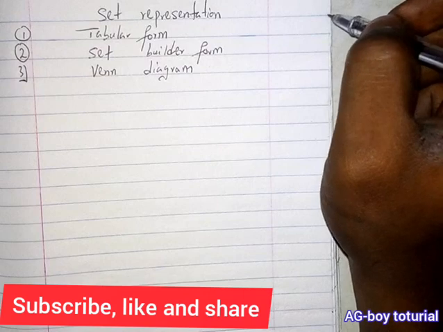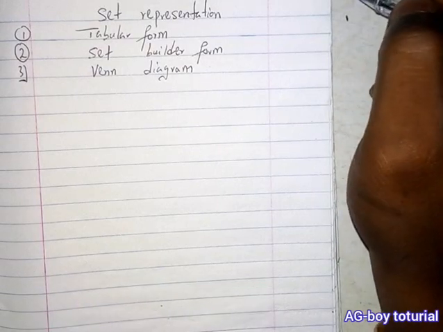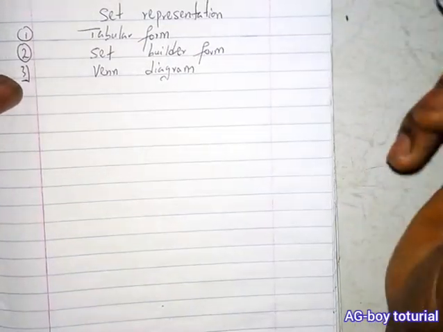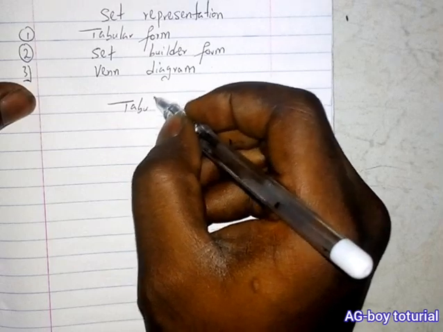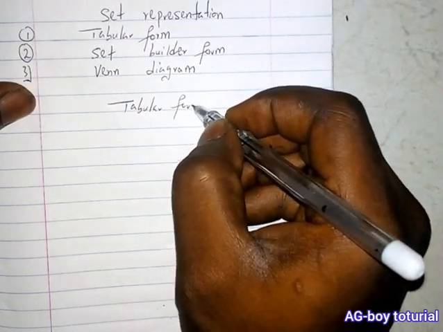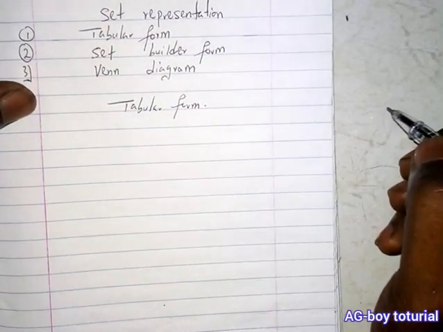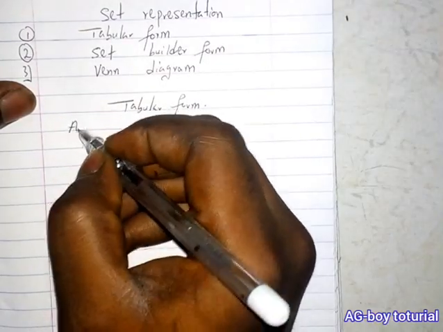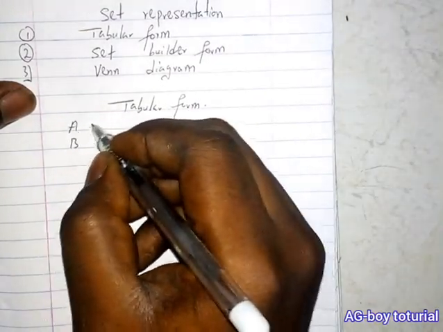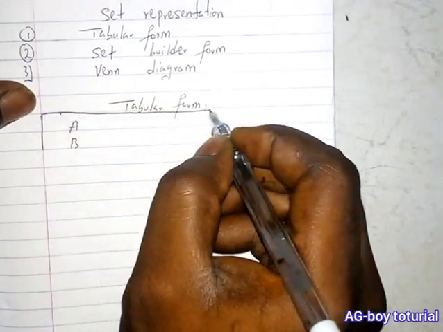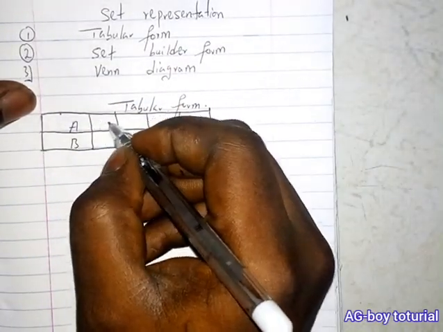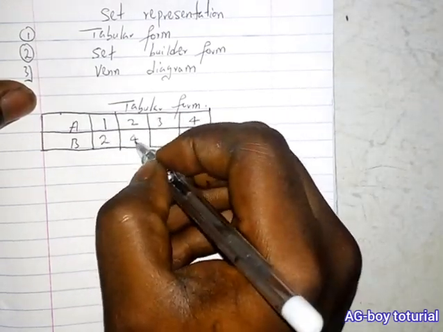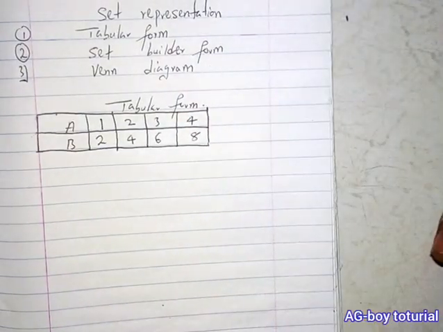These are the three ways sets can be represented. Now, let me explain more. For the tabular form, it looks like this. So these are in tabular form.